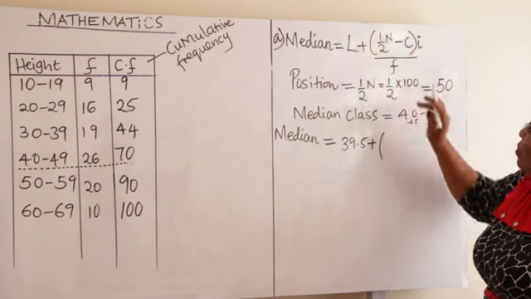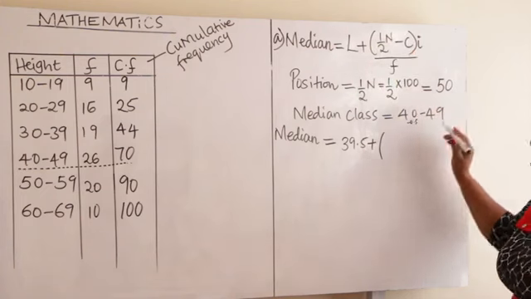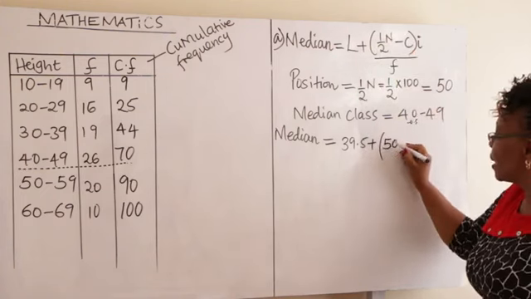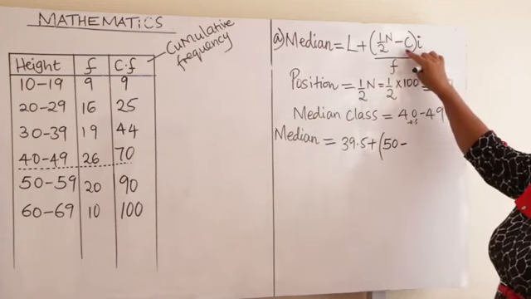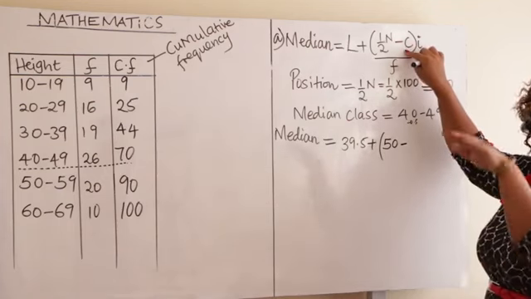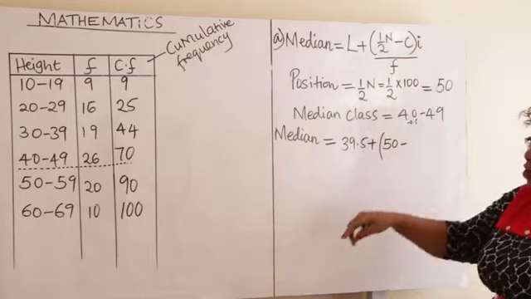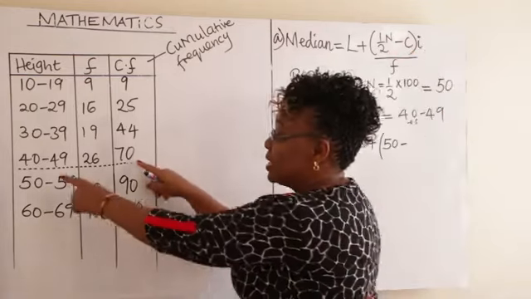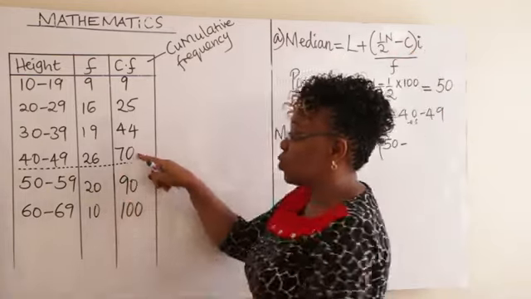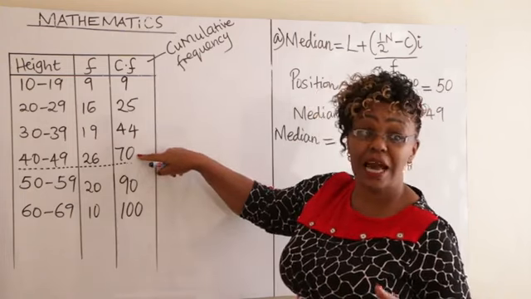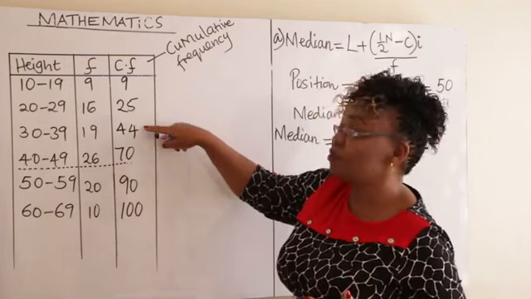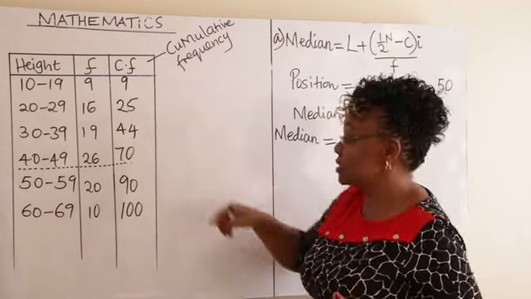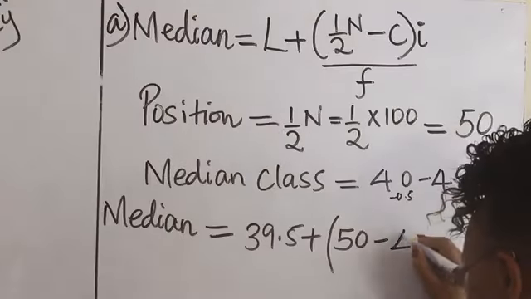A half of n we had already calculated, it is 50. Minus C, which refers to the cumulative frequency above the median class. So this is the median class, and the cumulative frequency above it is 44. I hope you understand.